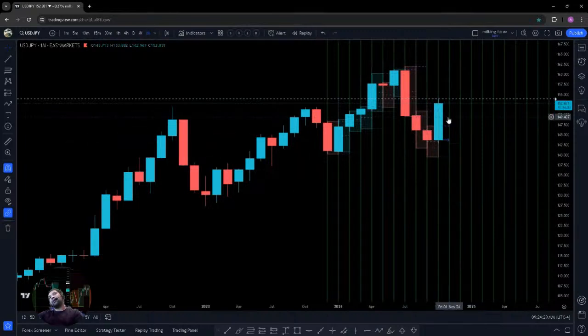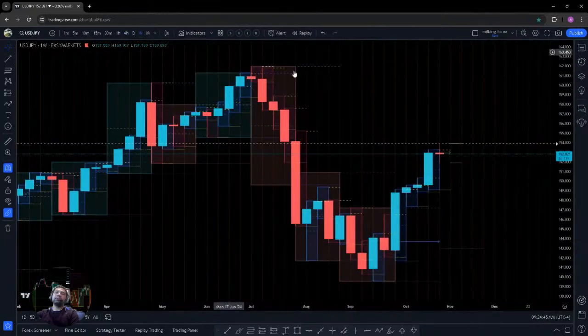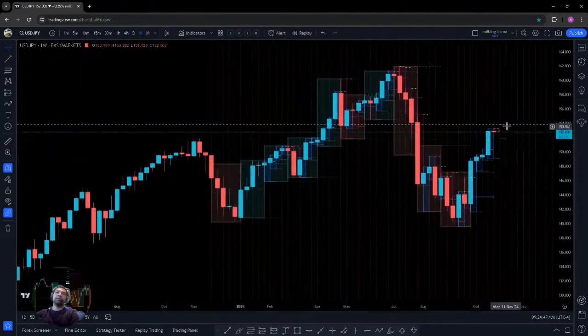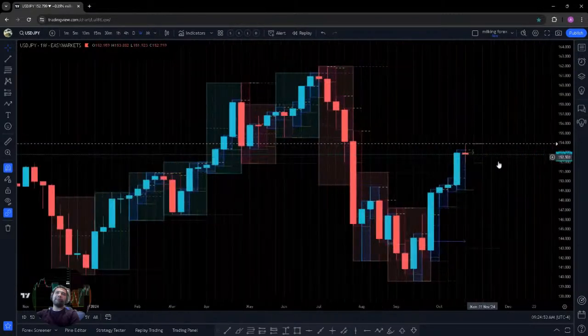But with a pullback on NFP, the next Monday, with the proper position, we can go long and it's an easy target. On weekly, we are having the weakness. That's true.